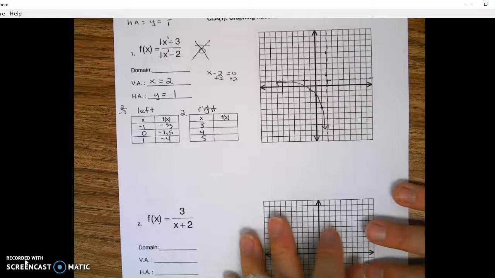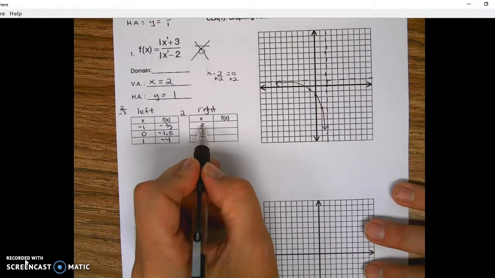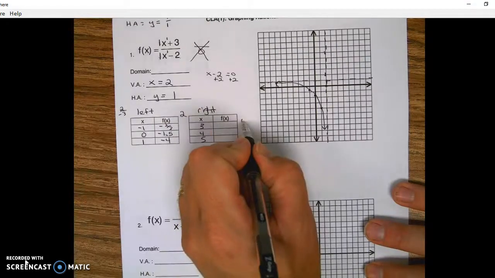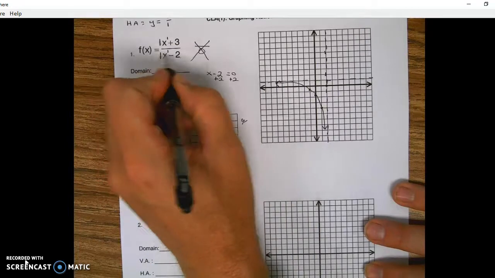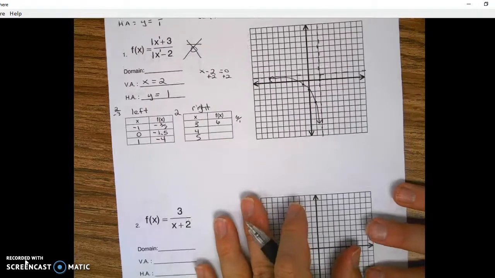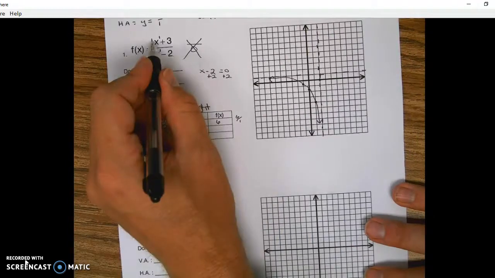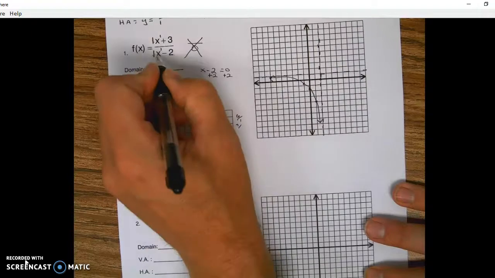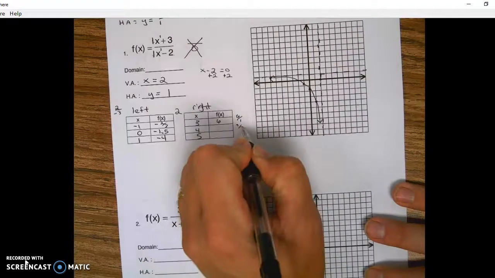Okay, other side. Plugging in 3. So we have 6 on top, 1 on the bottom. Plugging 4 in, we have 7 on top. 4 minus 2 is 2.